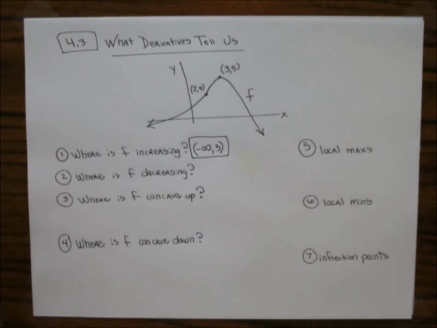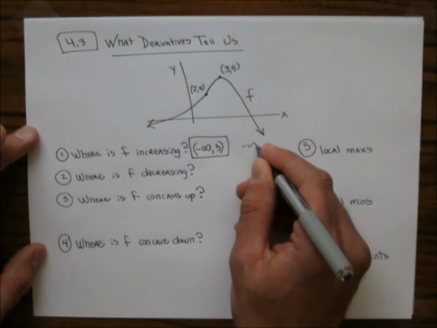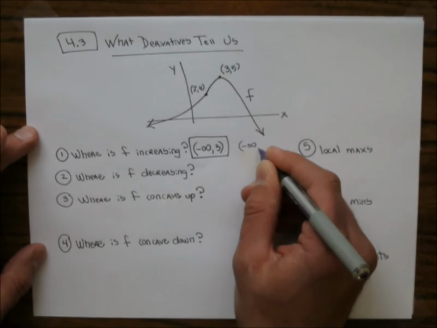And so there is the answer. Now, quite technically, increasing really should be negative infinity all the way up to 3, including 3. But with calculus, and they do this in many calculus books, they ask for the open interval where functions are increasing and decreasing.